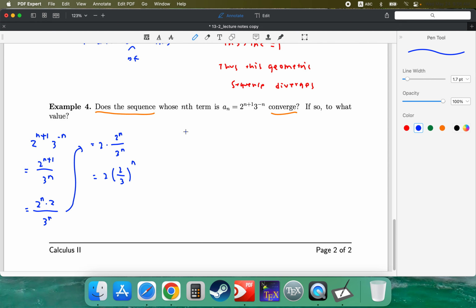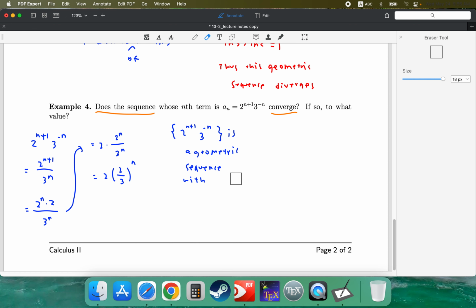Let's write it down carefully: a geometric sequence with a ratio r equals 2 over 3.